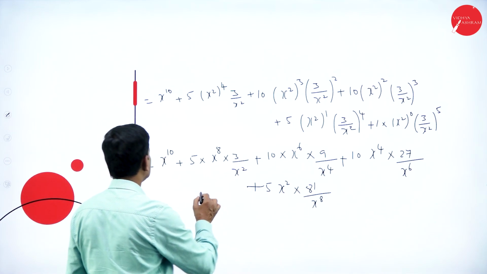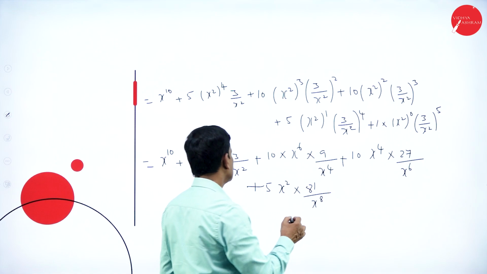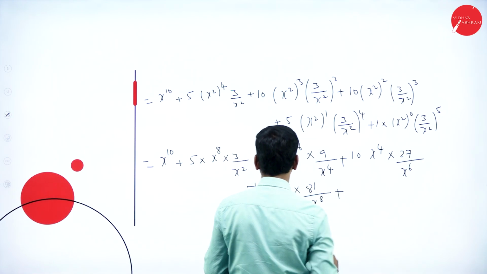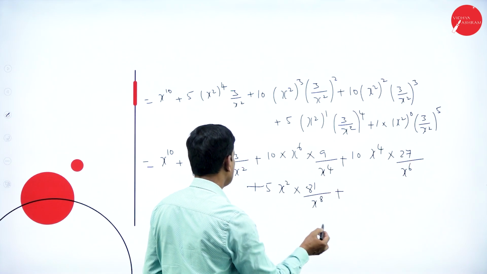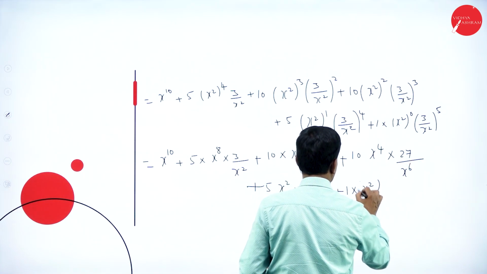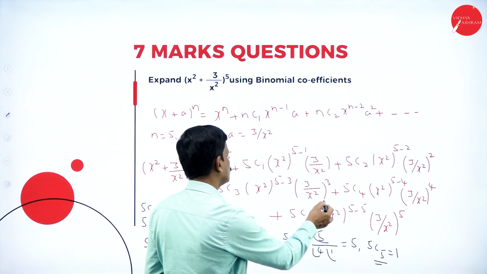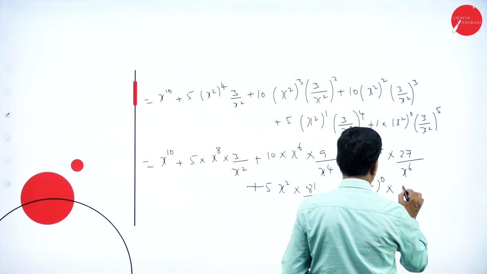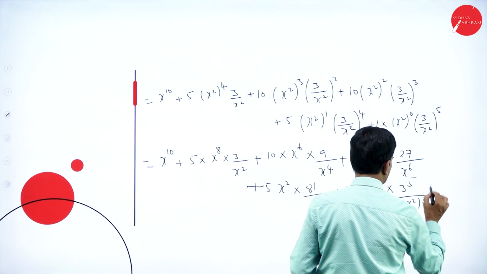Simplify this. So 5x square into 81 by x to the power of 8, plus the next term. The last term is 5C5. 5C5 is 1 into (x square) to the power of 5 minus 5, which is 0, into 3 to the power of 5 divided by (x square) raised to 5.